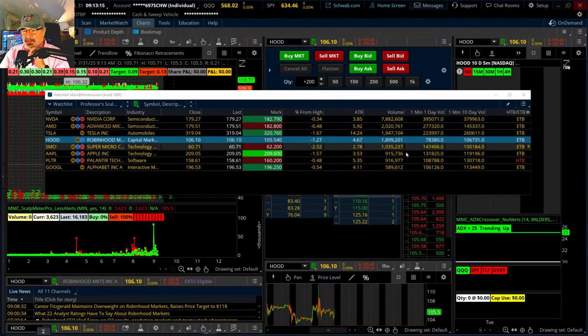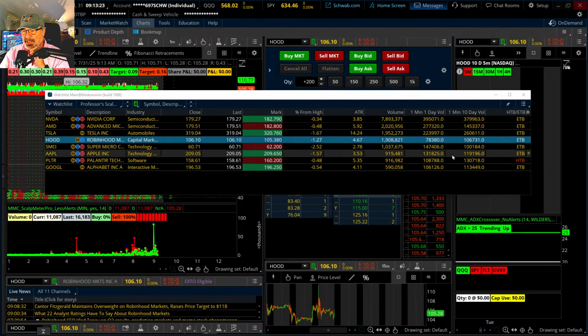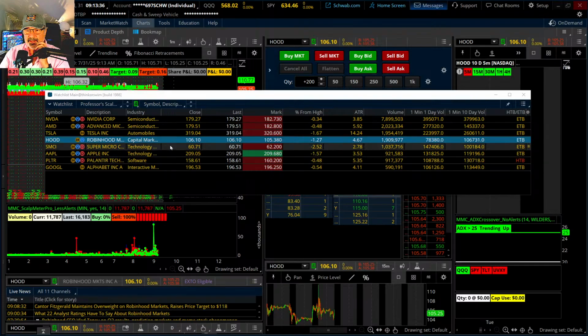Average true range. But this is the key to this. So this gives us the action that we need on the level 2 to get in and out of trades for scalping. So I custom coded that in, as well as the high of day is coded in there. This is well worth the $4.99 if you don't know how to do that yourself. I mean, anybody can code it. I just did it for you guys, and then they wanted it to sell, so they have it to sell.